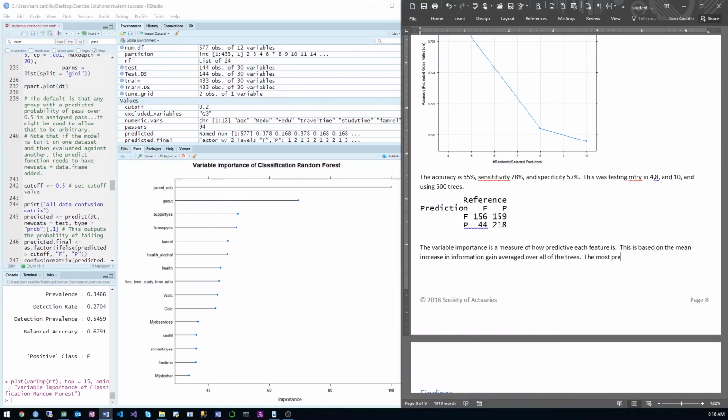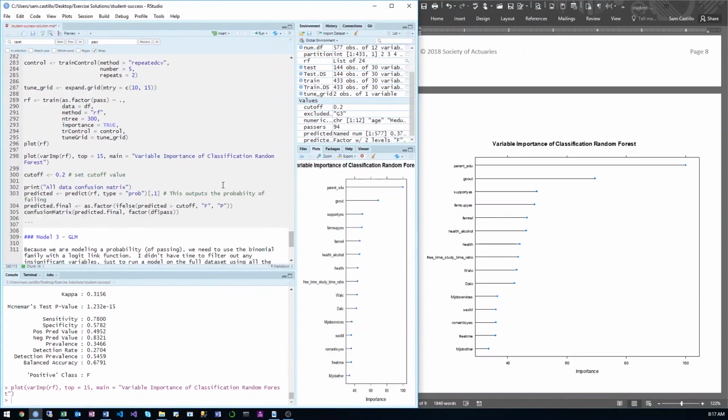The most predictive features are parent edu, which is a feature that I engineered, go out, and support, which is another feature that I engineered. Okay, I want to keep moving.